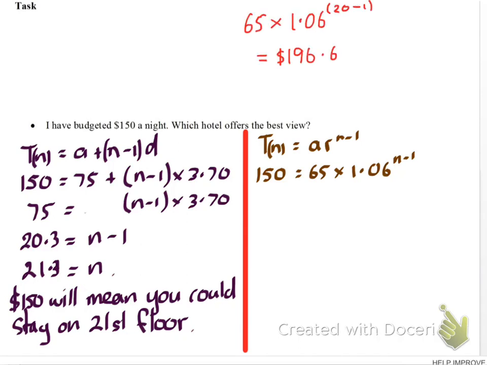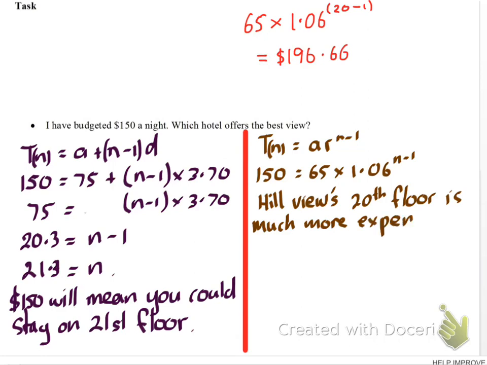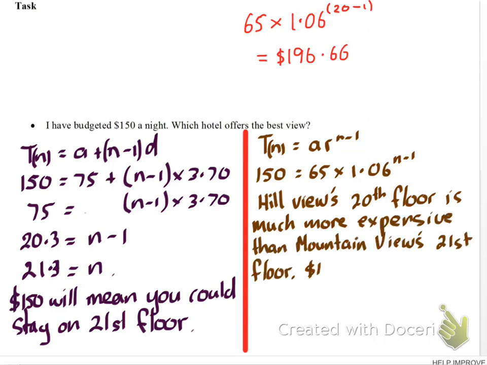I see that the 20th floor is going to cost me $196. So obviously I can get a better view from Mountain View. Hillview's 20th floor is much more expensive than Mountain View's 21st floor, $196 compared to $150.